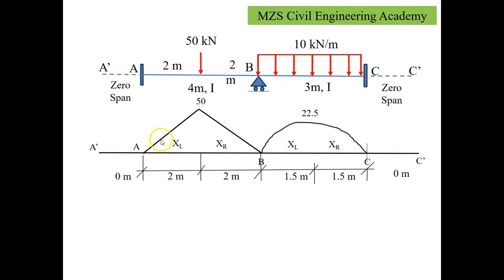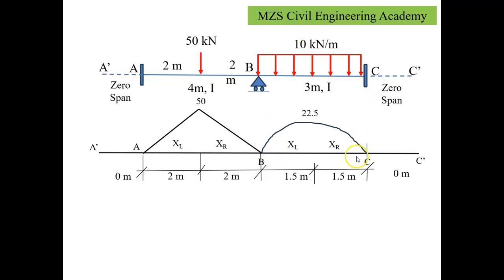That's why the free bending moment for this span will be WL by 4. Substituting the values, it will be 50 into 4 by 4, which results in a maximum magnitude of 50 kilonewton meter. So the highest point within this figure will be 50 kilonewton meter.